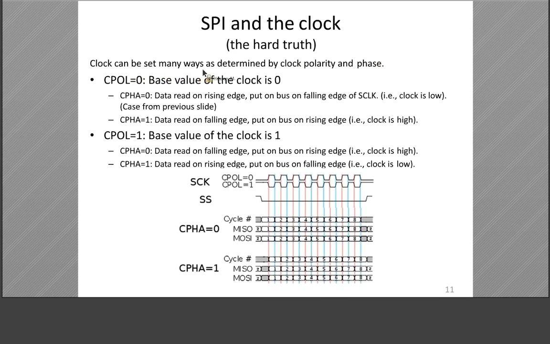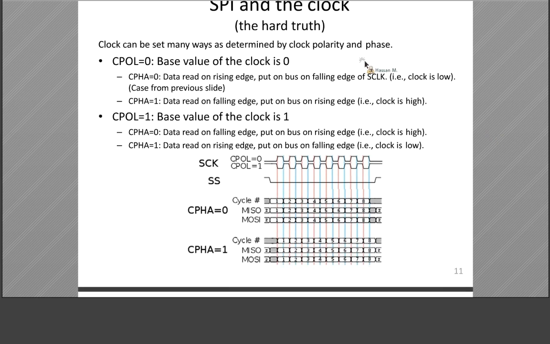Clock can be set in many ways as determined by clock polarity and phase. Certainly in 4 ways. Okay. For example, in AVR, in CodeWizard, in CodeVision, we have some bits for this SPI, 2 bits. One of them is CPOL, which means clock polarity, and the next is CPHA, the clock phase.